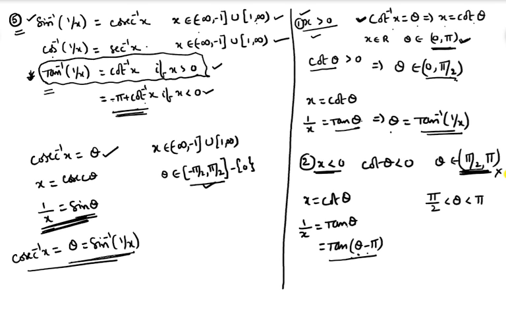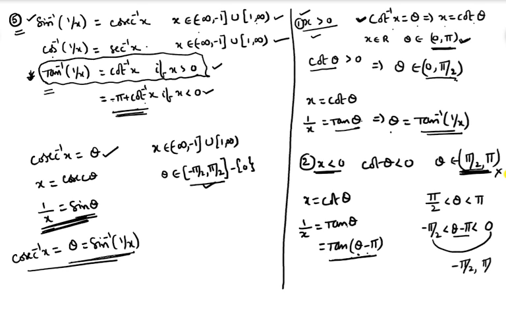We will check whether theta minus pi is in the principal branch or not. Subtract pi from pi by 2 less than theta less than pi, then we get minus pi by 2 less than theta minus pi less than 0. So theta minus pi lies in the principal branch of tan.